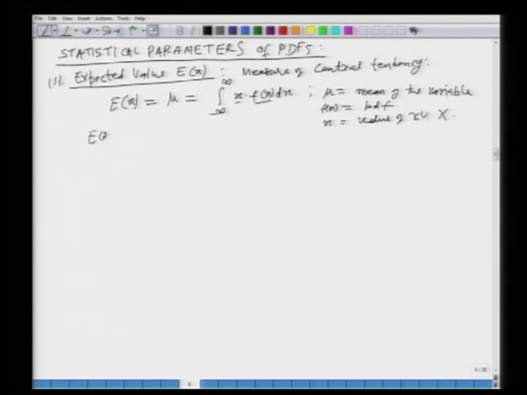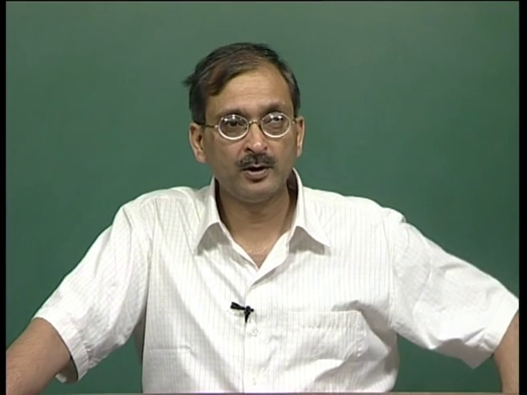This E of x is also known as the first moment about the origin. Okay. So, what is the expected value in statistical terminology? It is also called the first moment about the origin. First moment of what? First moment of your PDF.